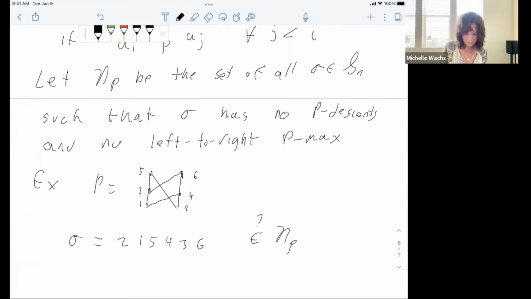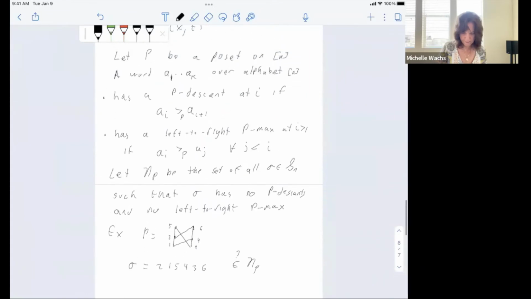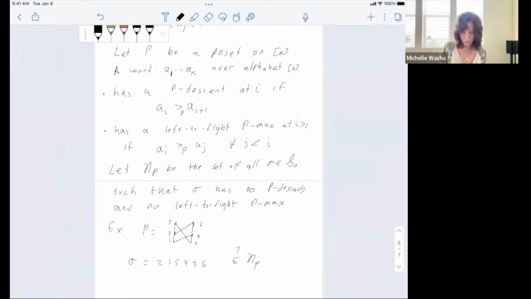Well, let's see. We have an ordinary descent 2, 1, but this is not a P descent because 2 is not bigger than 1. So that's not causing any harm. Let's go to the next descent, 5, 4.